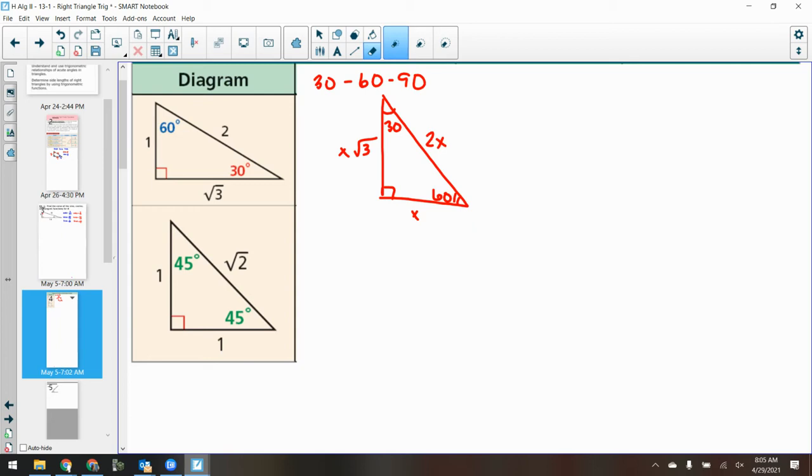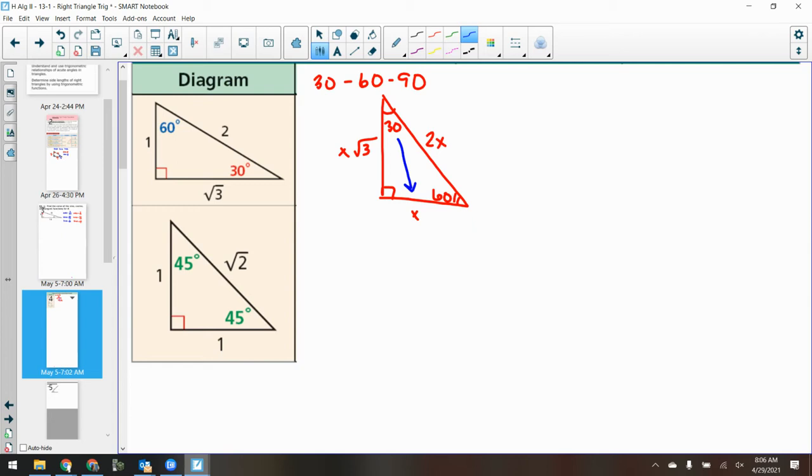So again, in any 30, 60, 90 right triangle, the base side is x. The 30 side, you're going to hear me reference that, is the side across from the 30-degree angle. The 30 side is always what you're looking for. You can use that 30 side to find the others. So what happens if my hypotenuse is 50?